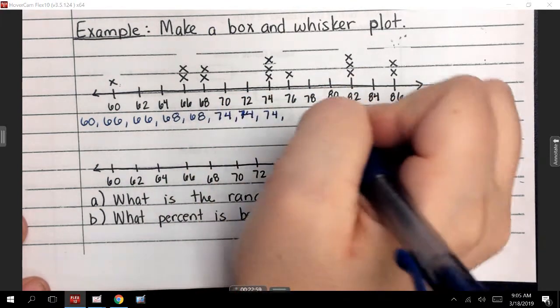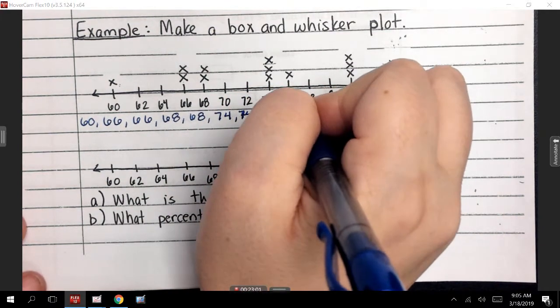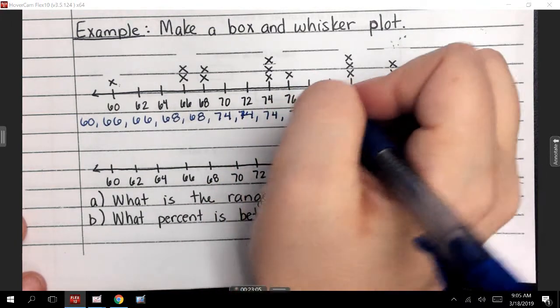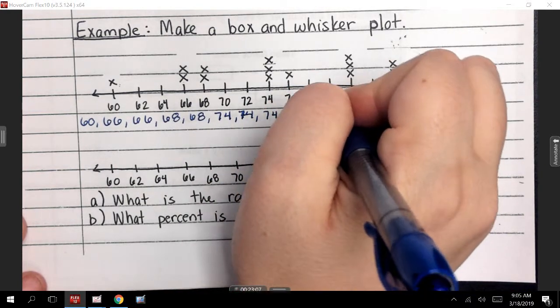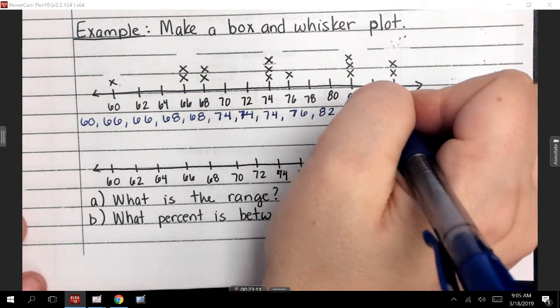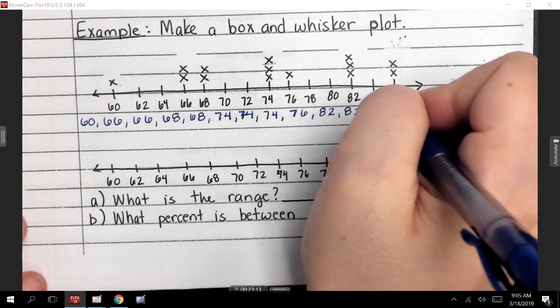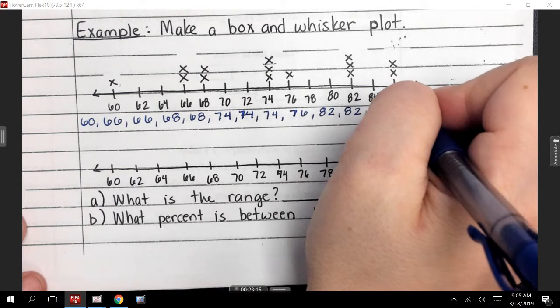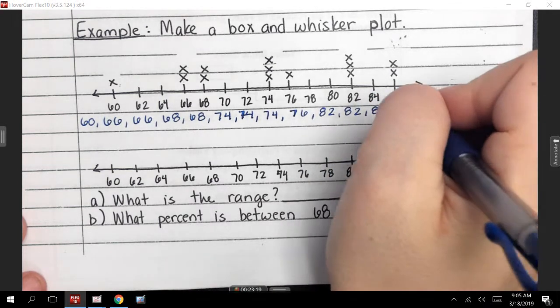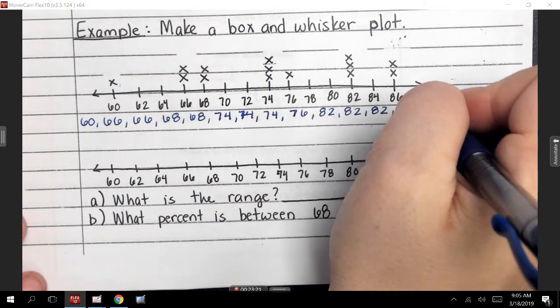All right, then what, Chandler? 76. How many times? Then what, Emma? 82. How many times? And then what, Abby? 86. How many times? 2 times.